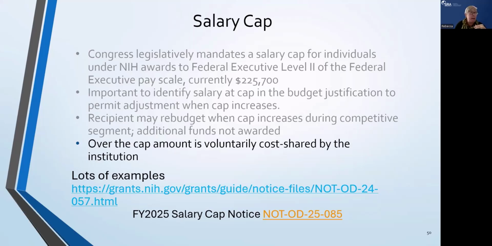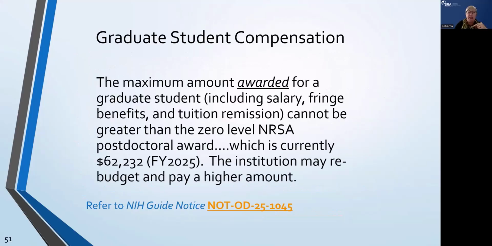Does that make sense? Graduate student compensation. The maximum amount awarded for a graduate student, which includes not just salary but, in this case, salary, fringe benefits, and tuition remission, can't be greater than the level zero postdoc. Right now it's 62,232. Again, this number bumps up every year.